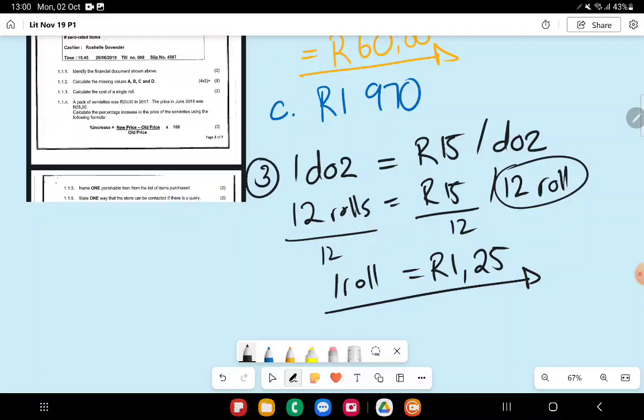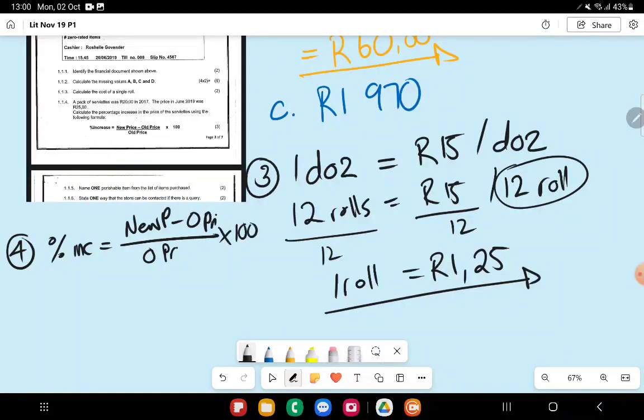Question number 4 says, a pack of serviettes was 20 Rand in 2017. In 2019, it's 25 Rand. Calculate the percent of increase in the price using the formula provided. The formula says percent increase is equal to new price minus old price, over old price, times 100.